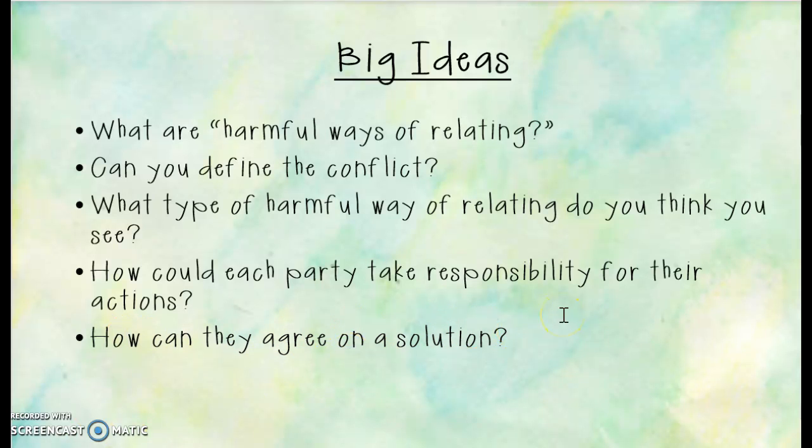This lesson would build on previous lessons that the students have already had about how to resolve conflicts. So in their skits, they're going to be able to show the different harmful ways of relating, but use what they already know about resolving conflicts to explain that part of it.